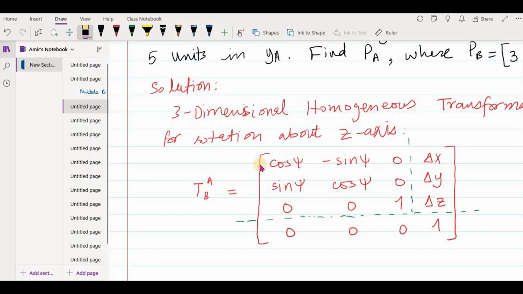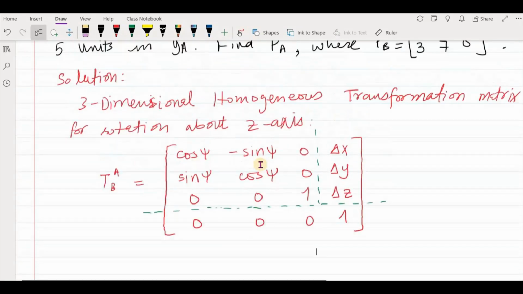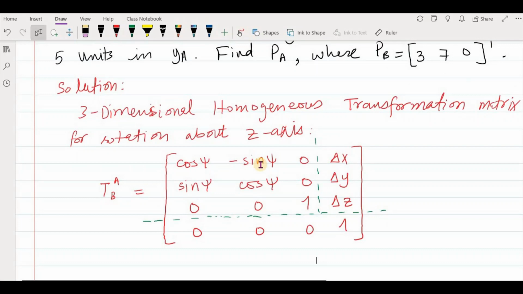And this combined matrix, we call it a transformation matrix. So now you have this transformation matrix, and you just have to put values here, and you have to multiply it because you're doing a transformation from B to A. You have to multiply it with some vector also.